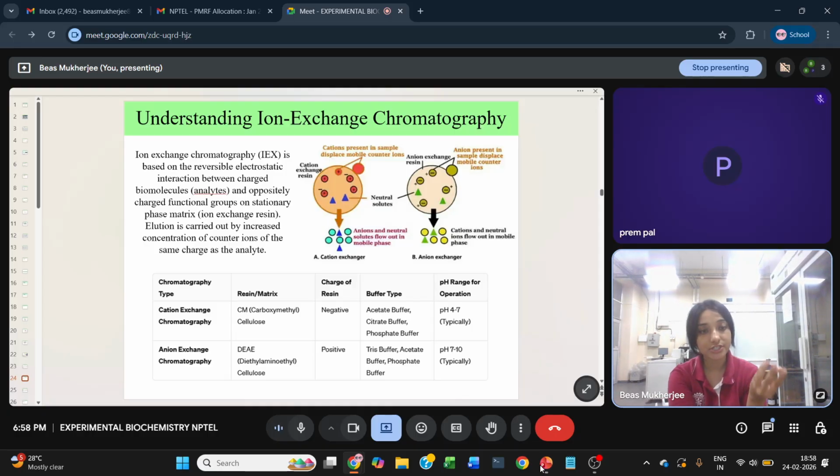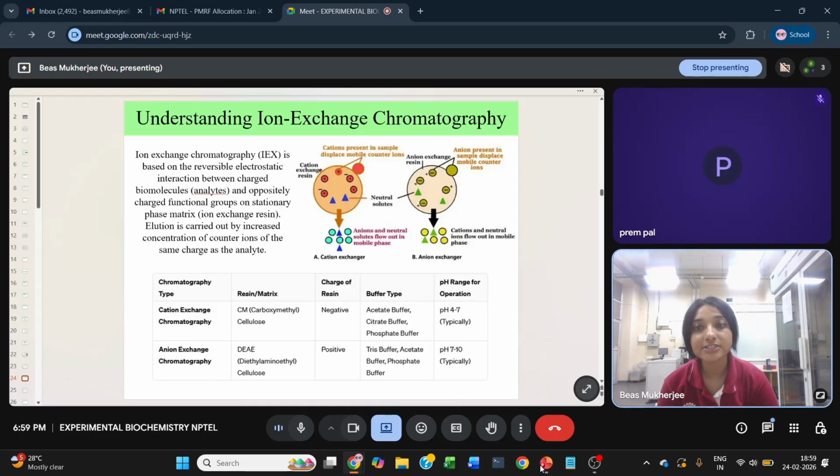That is why they are positively charged. So the resin is CM cellulose and the molecules are coming and binding. Then anions and neutral molecules flow by at first. Then we use ions which are positively charged and they come and bind to the resin, and the protein gets displaced and elutes.